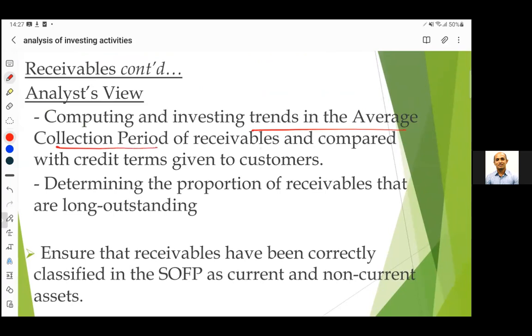You can compare the average collection period with the credit period given to customers. Then you can see the age analysis and see whether there are long outstanding receivables. Right, now we'll do a simple analysis.